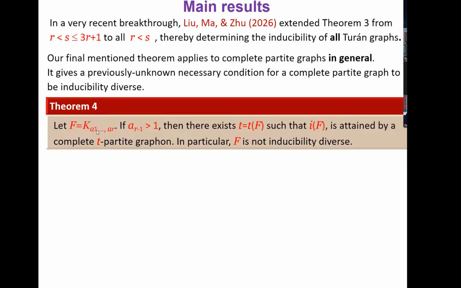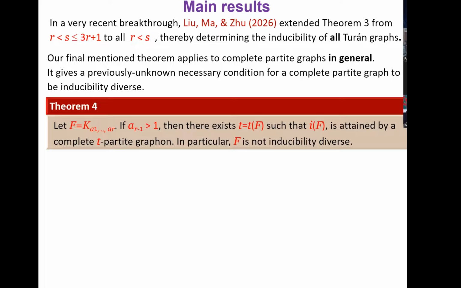So here is the condition. Suppose you have your complete R-partite graph with part sizes A_1 through A_R, listed in non-increasing order. If there is at most one singleton part, namely if A_{R-1} is larger than 1, then the theorem says that there will be some T such that the actual inducibility would be obtained by some complete T-partite graphon.